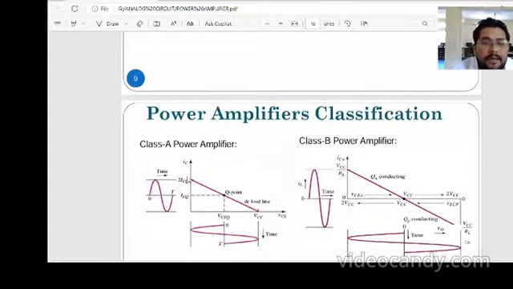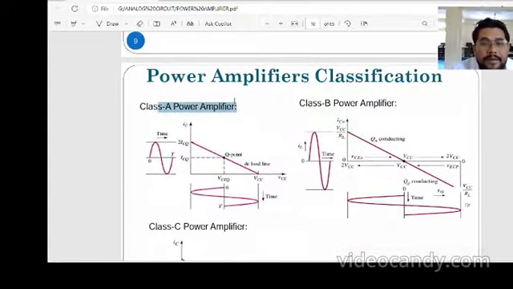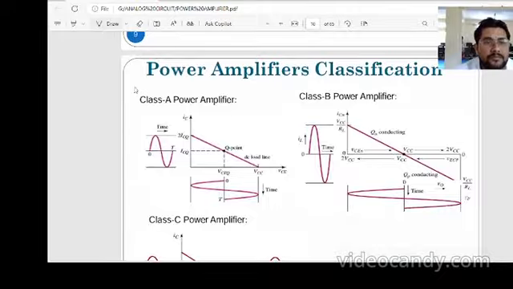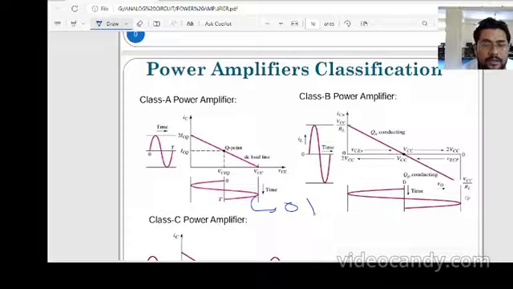So this is the class A power amplifier. Here we provide the input, and the Q point is at the center of the DC load line. You can see this is the output signal, and here is the input signal.